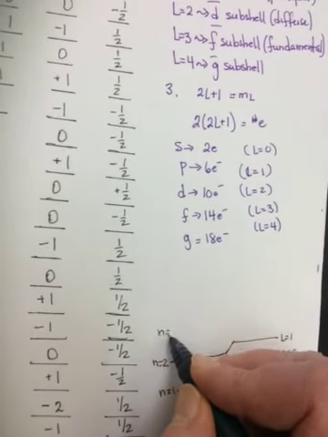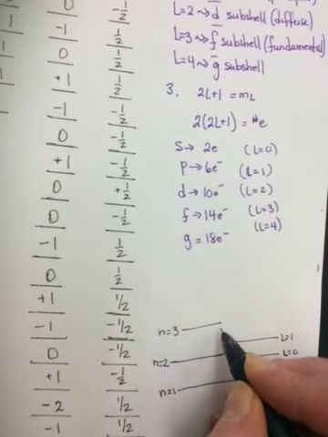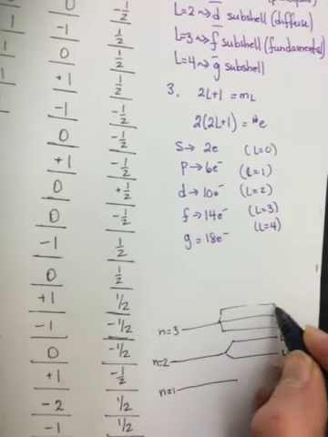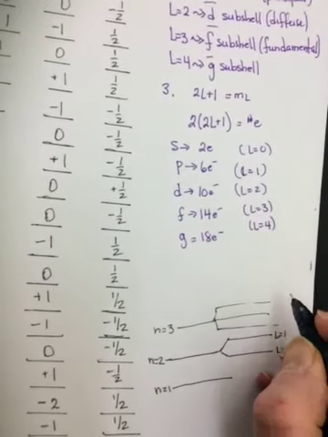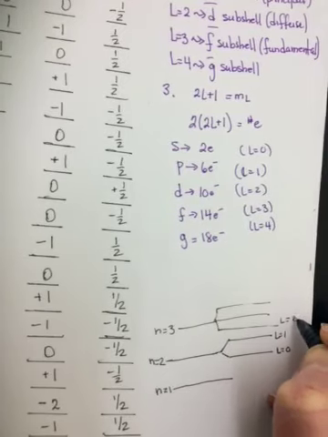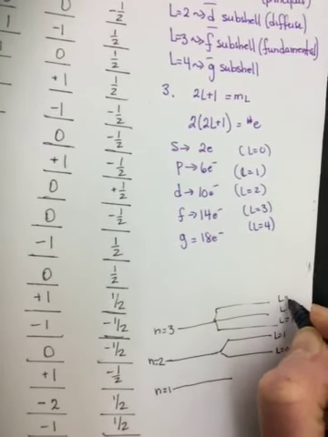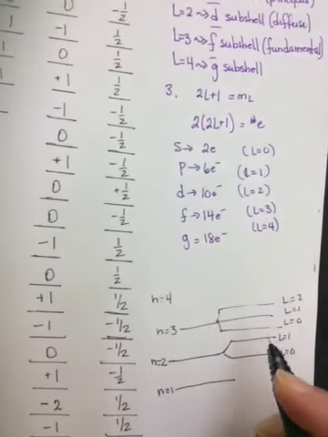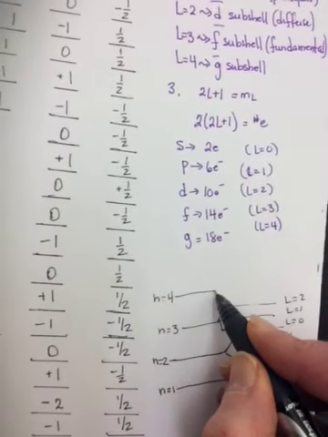And then n equals 3, it splits as well, right? And so we might think it splits like this, but what we've actually realized, so this is L equals 0, L equals 1, L equals 2, and then when we get to the n equals 4, it is going to split as well.